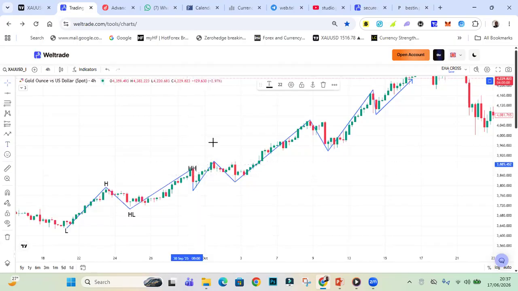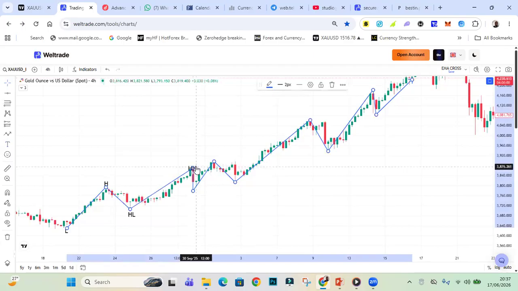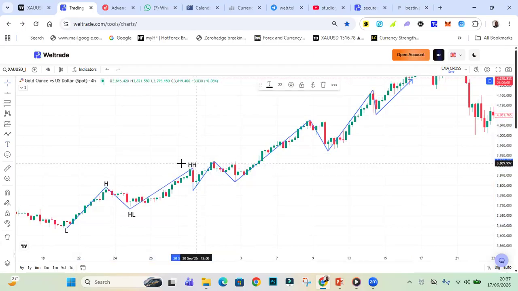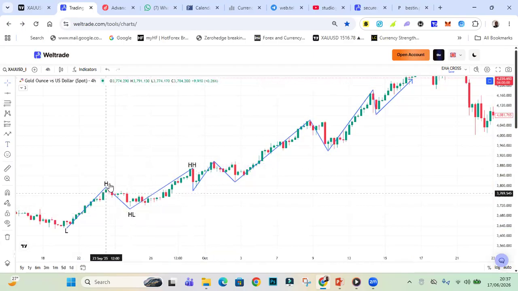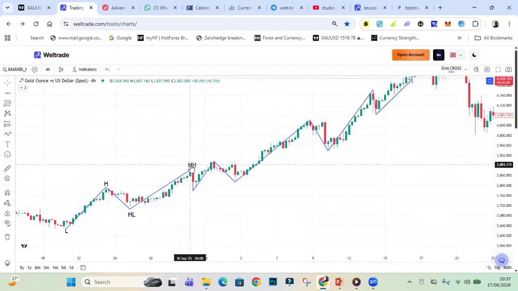Higher high. So this one is a higher high. It is a high, but it's higher than this one. So that is why it's a higher high. Then you have this one again, higher low, HL.